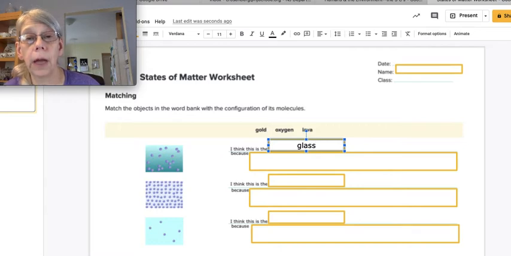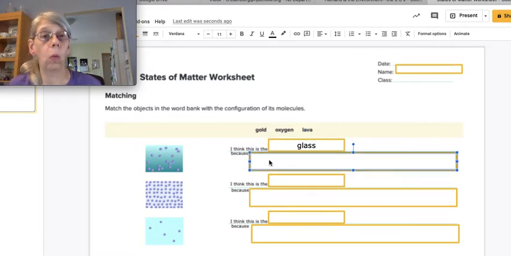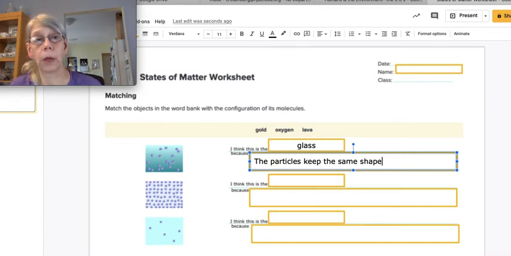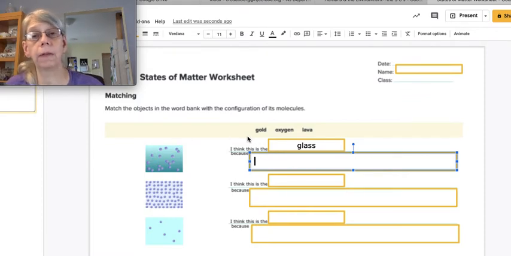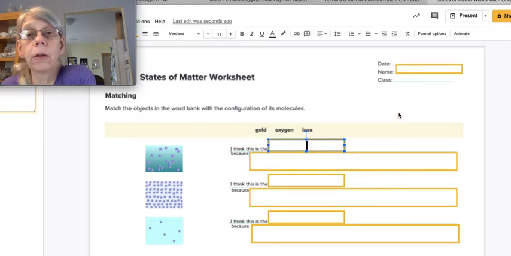I think this is the glass because, and then just tell me why you think it's the glass. Because the particles keep the same shape. Okay? Not the right answer for this. And since glass isn't one of our 3 options up here, that's not the right answer there either.